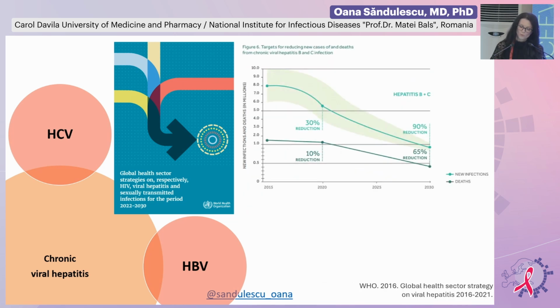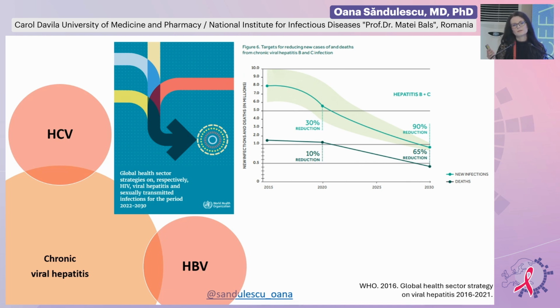Once we diagnose the patient, we know that we have the global health sector strategy since 2016, and different countries in Europe and worldwide have committed to meeting these targets. The targets for viral hepatitis are quite straightforward: a 90% reduction in new infections and a 65% reduction in mortality, so deaths, due to the existing cases of viral hepatitis.